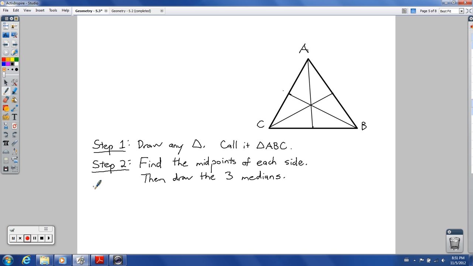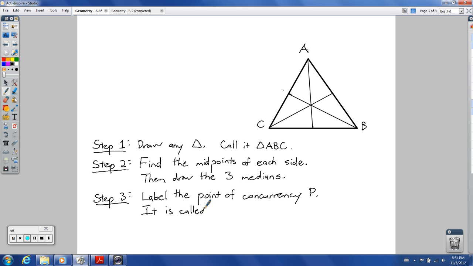So this is step 3. We're going to take that point of concurrency and label it with a P again. Label the point of concurrency P. And we'll also say down here, it is called the centroid.